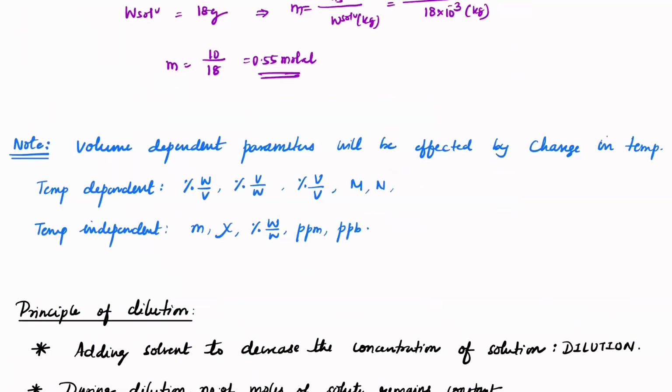Last thing, volume dependent parameters will be affected by change in temperature. That is, in case I'm changing temperature, that means I'm calculating concentration at 25 degrees, 35 degrees, 45 degrees, 55 degrees, and so on. Which kind of concentration term will be affected the most is the one where the volume is present, because whenever you change the temperature, whichever liquid is more volatile will start evaporating.